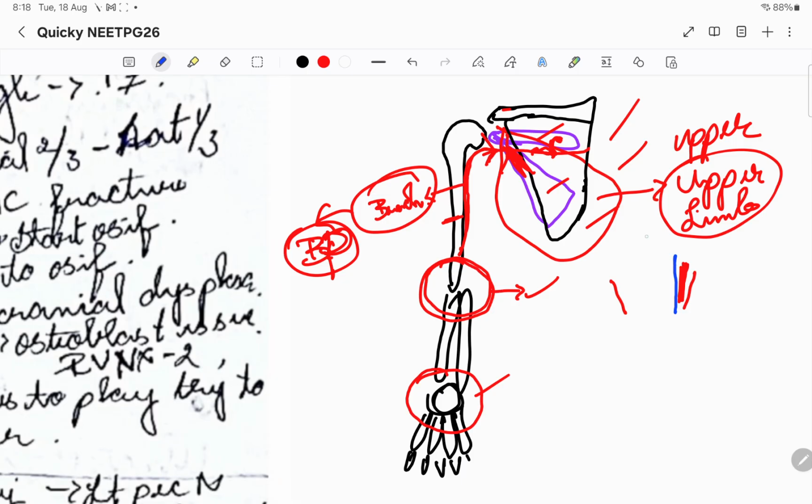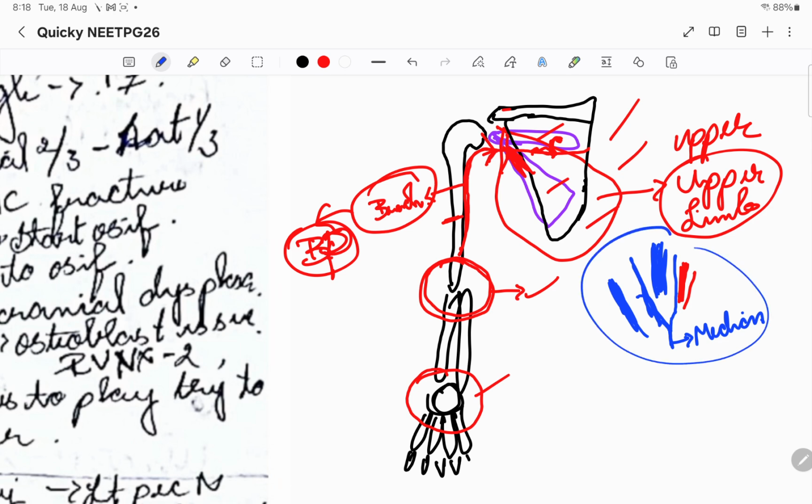Then in the middle, the biceps brachii came. Then next to it was median vein. Cephalic vein and basilic vein together formed the median vein. Then medial most was median nerve. Okay, so that is the orientation of cubital fossa.